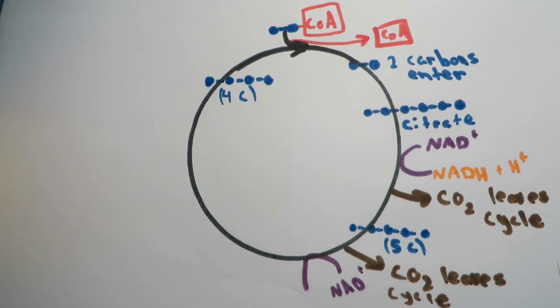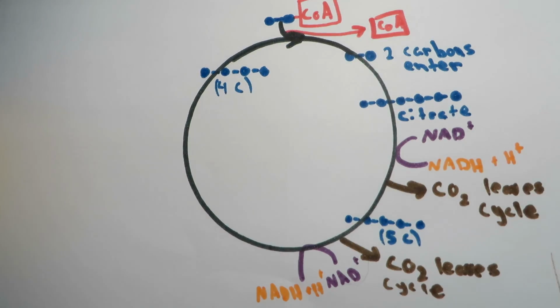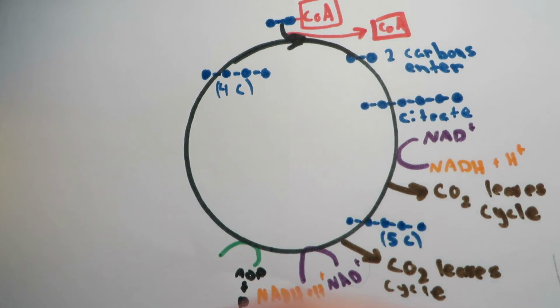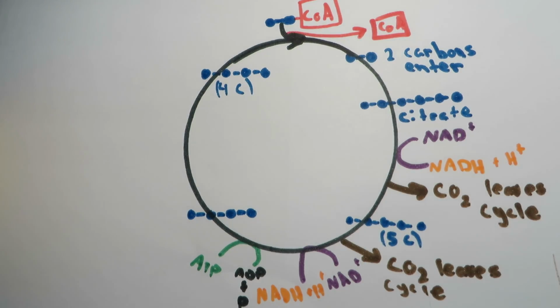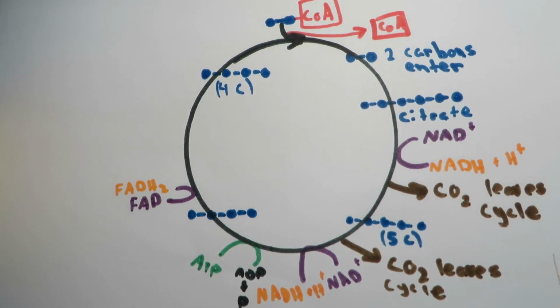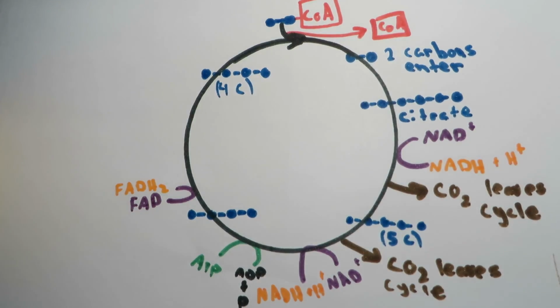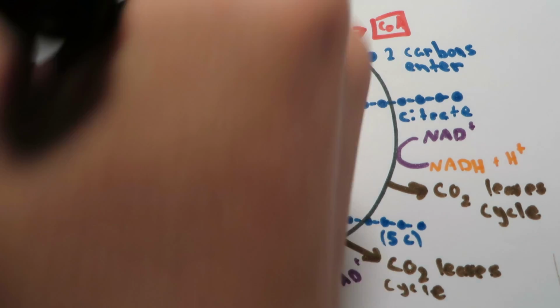Then CO2 leaves the cycle again, NAD plus is reduced to NADH again. ADP is phosphorylated to ATP. This creates the 4-carbon molecule succinate. Then FAD is reduced into FADH2. This creates the 4-carbon molecule malate. Then NAD plus is then reduced into NADH.